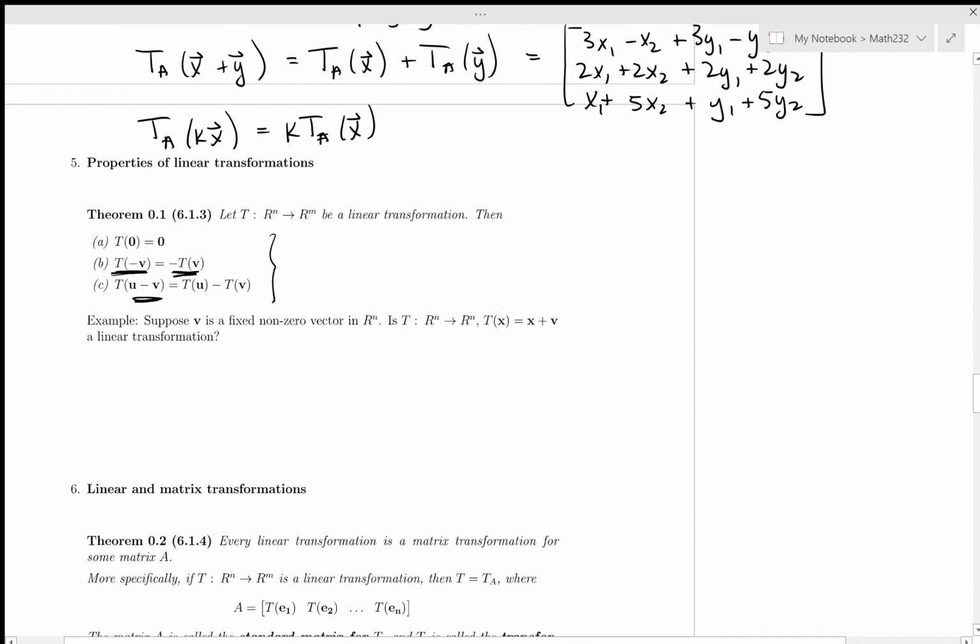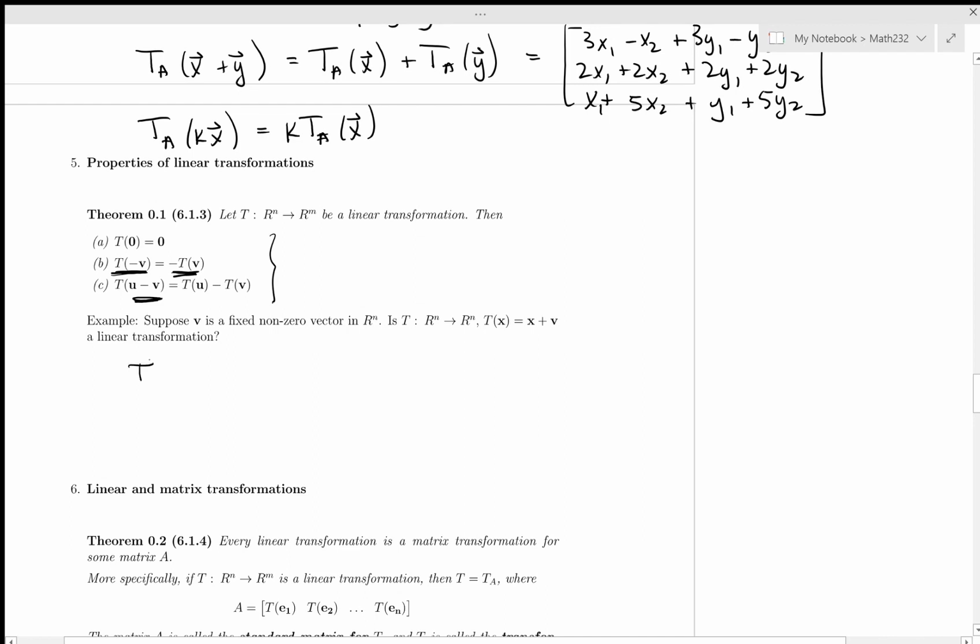This is a recap of what we just said about the affine transformation above, putting it in function notation that we're more used to. Here we have an operator from Rn to Rn, and we're asking: is T(x), defined to be x plus v, where v is a non-zero vector, a linear transformation? So we would proceed to check.